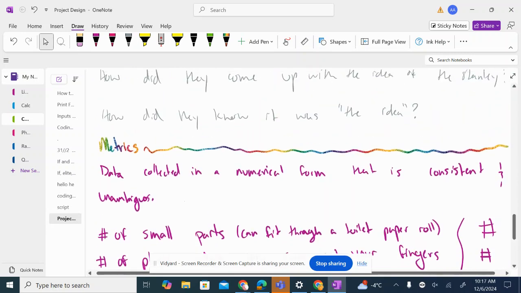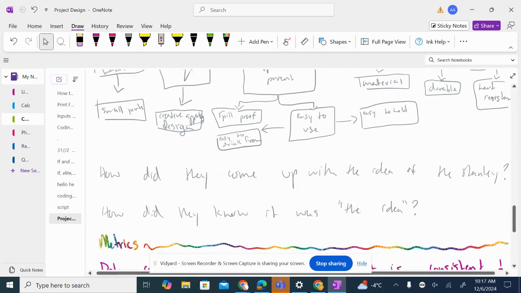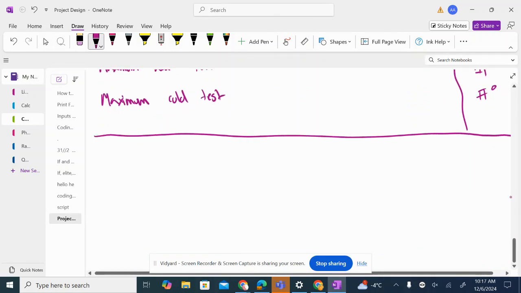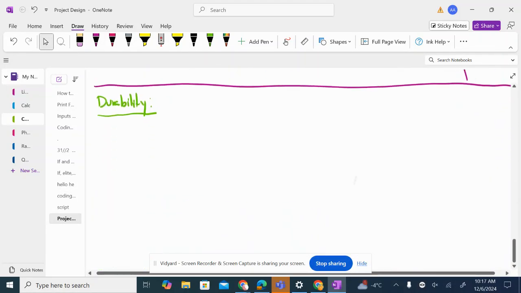So, for example, durability. How would you test durability? The basic thing that people do a lot of times is break it down into multiple different segments. If I was just measuring durability, I can create new metrics for just durability.